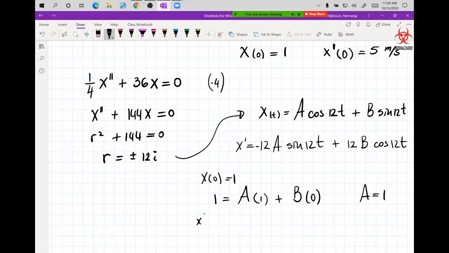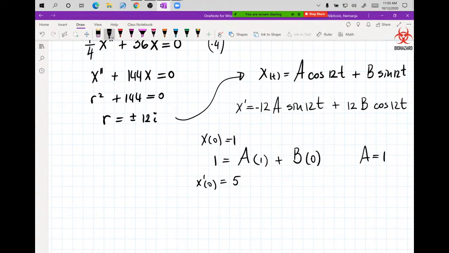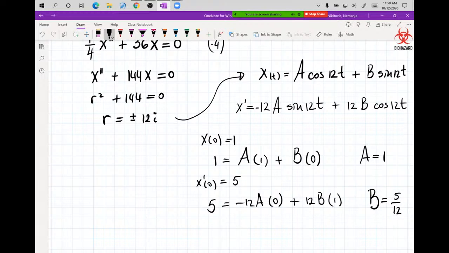The other condition for velocity that was given, which is x prime to be a 5, is the second line. 5 equals, now when I plug in 0, negative 12a will be multiplied by 0, that term dies, plus 12b times 1, because cosine of 0 is 1. So from here we can calculate that b is 5 over 12. So I have a is 1 and b is 5 over 12.